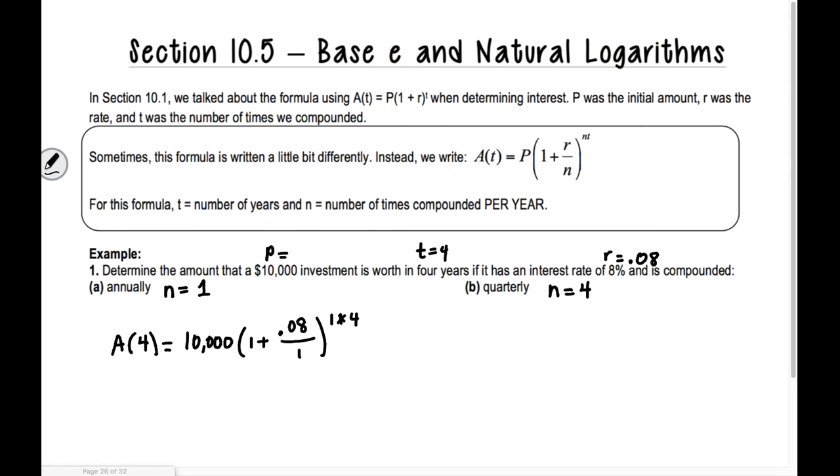This is for 4 years compounded 1 time a year.